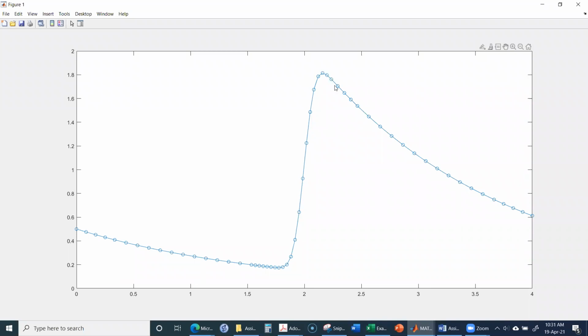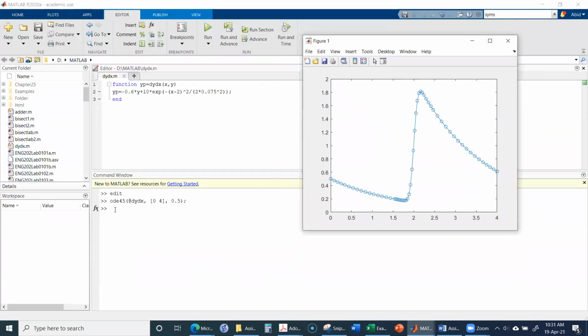And when we go past this abrupt change area, the intervals increase again. So the inbuilt function we use in ODE45 already uses this kind of functionality. They are already adaptive, using the adaptive Runge-Kutta methods. This is what I wanted to illustrate.